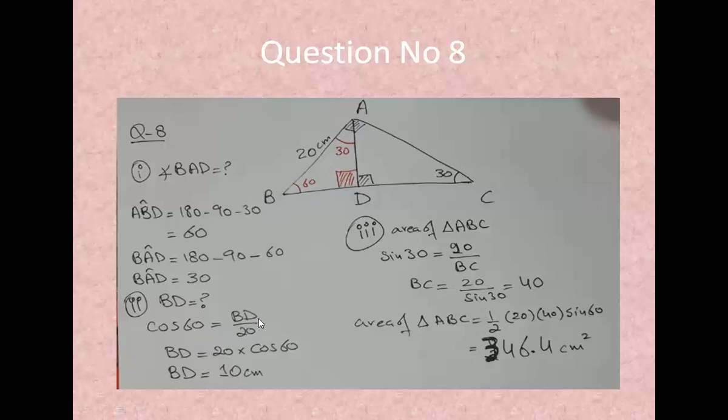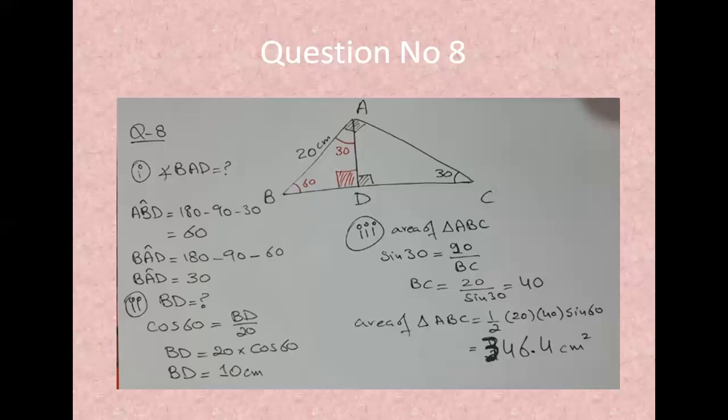So you will have cos 60 equals to BD divided by 20, base by hypotenuse. So BD will be equals to 20 multiply cos 60. In your calculator, you will write 20 multiply cos 60 equals to, and that will be 10 centimeter. So this BD thing is 10 centimeter.